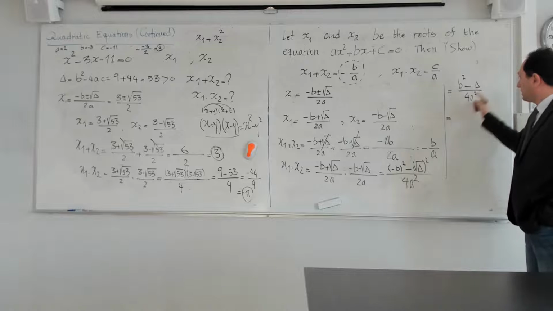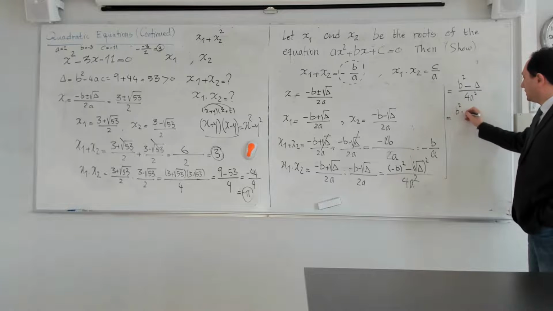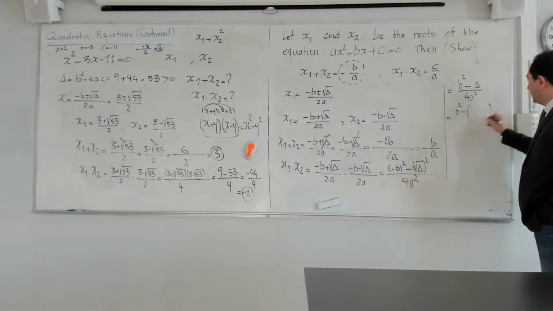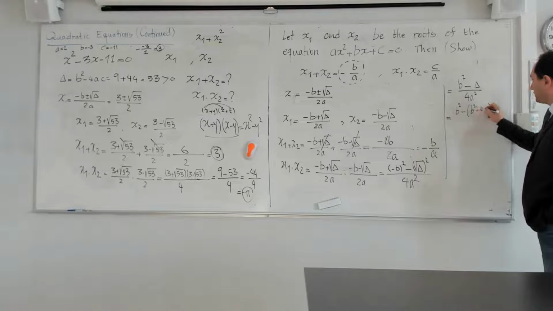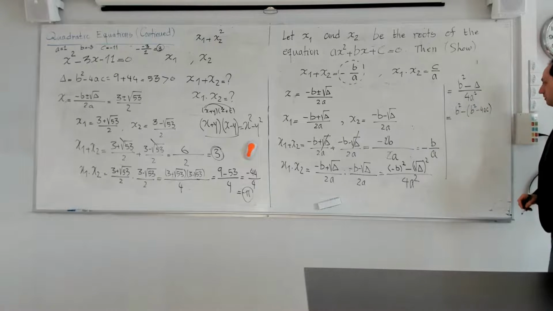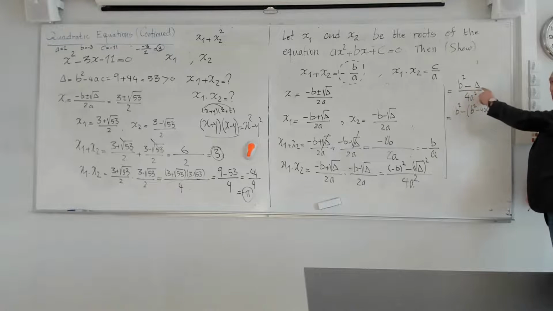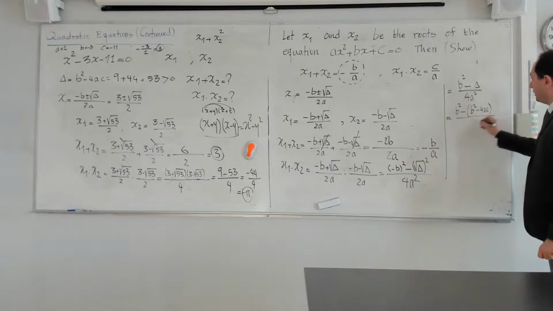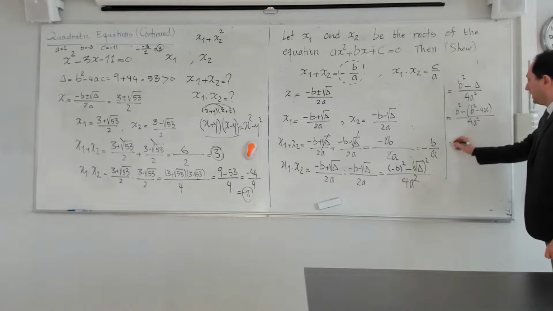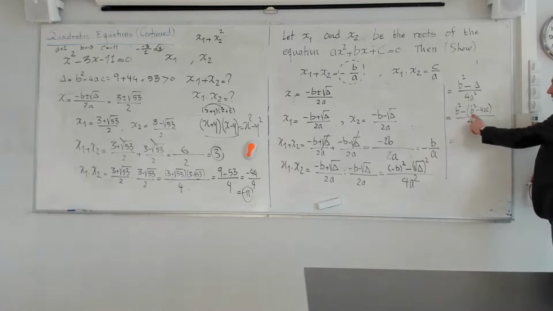But what is delta? We know the formula for delta. It is minus. Delta is b squared minus 4ac. Be careful about putting this pair of brackets because this negative sign is for the whole delta. And then you divide it by 4a squared. And then I multiply this negative sign inside.